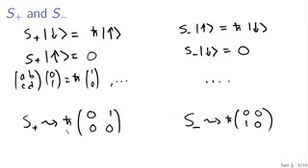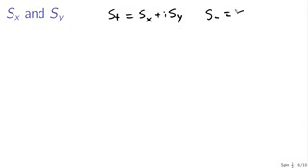Now, knowing what S plus and S minus are, we can figure out what S sub x and S sub y are. Basically, if you remember, the raising operator S plus was defined in terms of the x and y component angular momentum operators. Likewise, S minus is given by Sx minus i Sy.